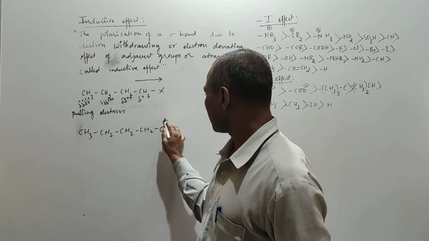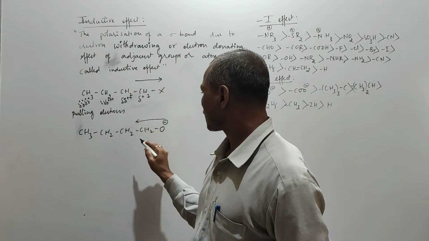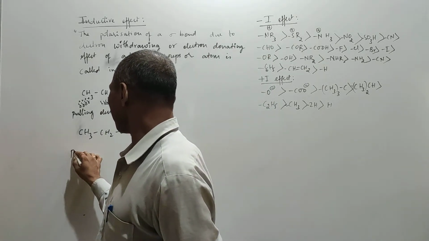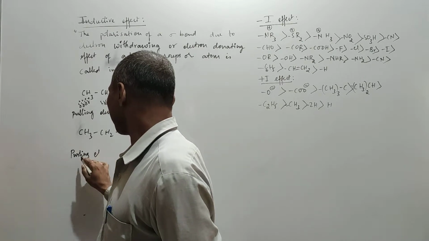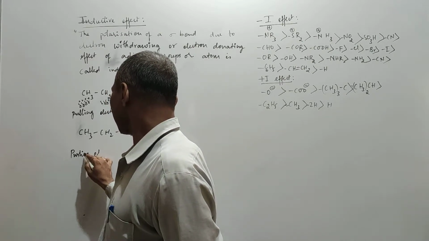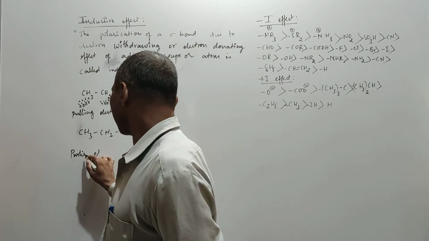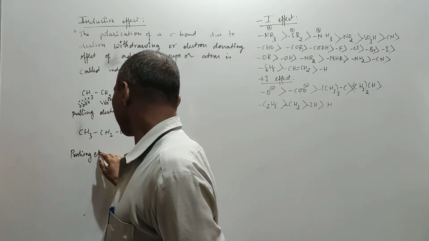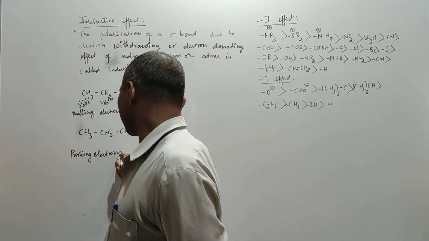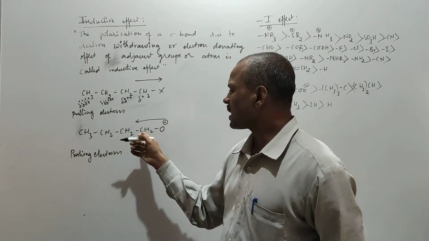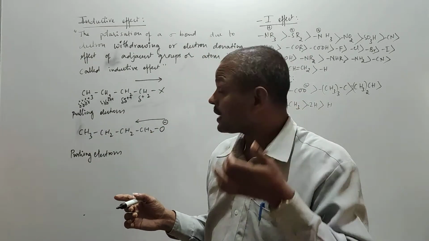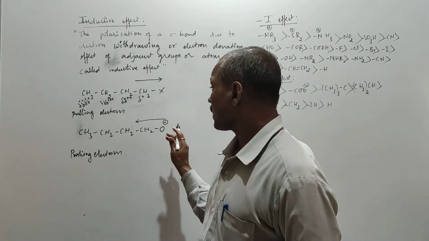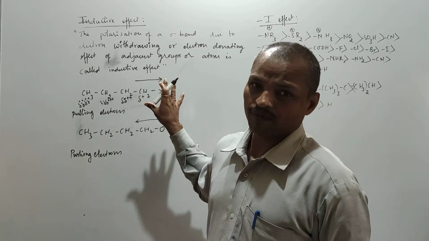It will donate the electrons, or we also call this pushing the electrons. Because of that, in the carbon chain, the electron density increases. So we call it a permanent effect.